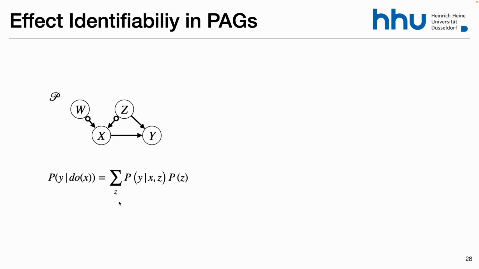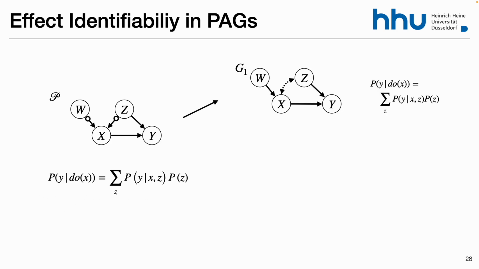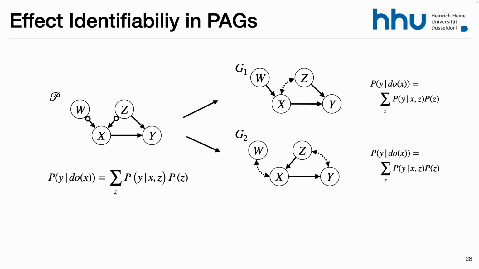But every time that the effect is identifiable, this means that I can construct a causal model that's part of the PEG, and the effect is going to be identifiable in the graph using the same formula. You see the formula is in terms of the joint distribution, so it doesn't matter what the graph is. So this is another model that's again part of the class represented by the PEG. These two models, by the way, are clearly part of the same class.